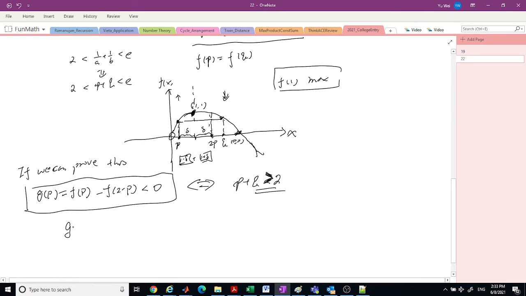So g of p is f(p) minus f(2 minus p), and the derivative of g of p is the derivative of f at p minus the derivative of f at 2 minus p. For 2 minus p, there is a negative 1 here, right?